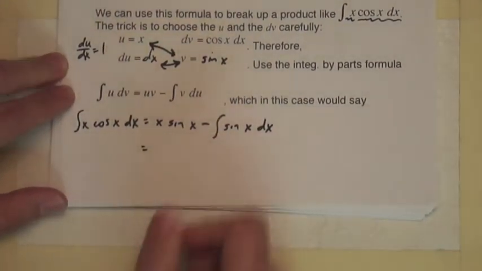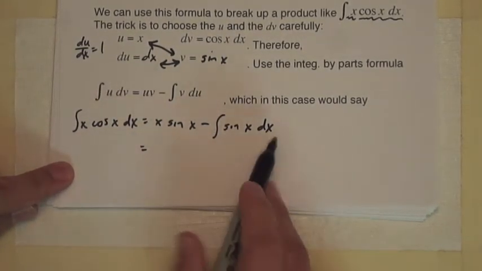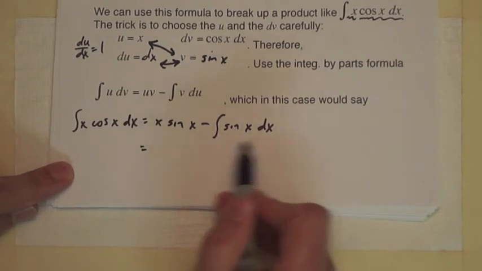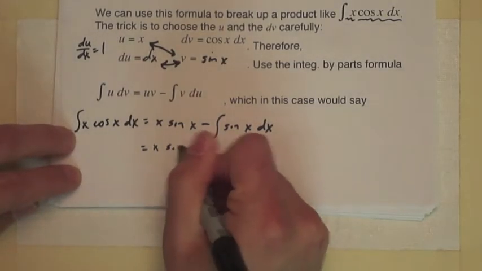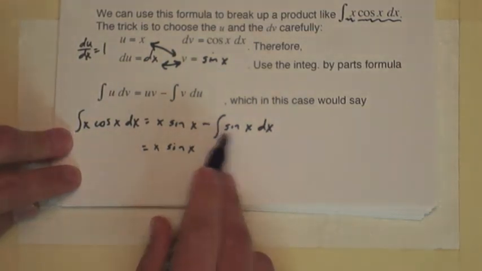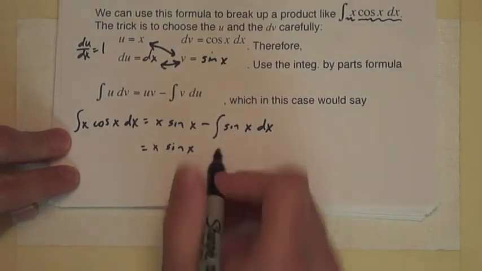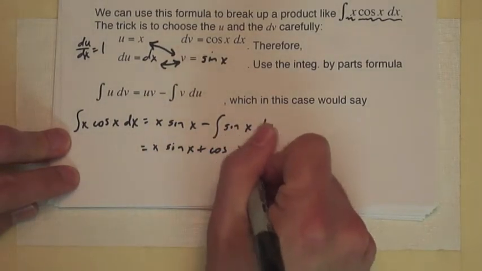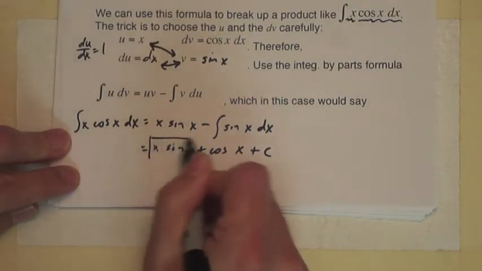And let's see what happened. Well, we turned our integral into something else with an integral, but this integral is much easier to do, and that's exactly what we wanted. So now we just have to do the integral that remains. The antiderivative of sine x is negative cosine x, so we get a negative cosine x, which becomes a plus cosine x, and then we throw on a plus c and we are done.